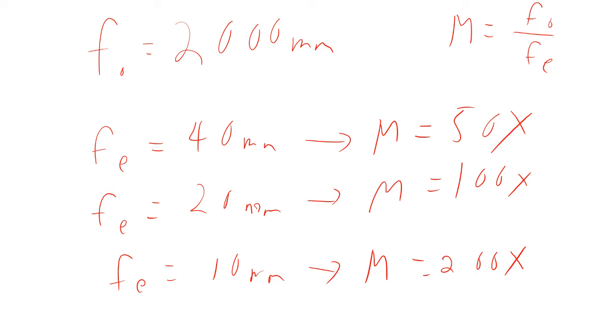That's a useful thing to know, that it's that simple. If you have a magnification you're trying to achieve and you know the focal length of the objective, you can figure out which eyepiece you need. Likewise, if you know the focal length of the objective and you put an eyepiece in, you can just divide and find the magnification of the telescope.